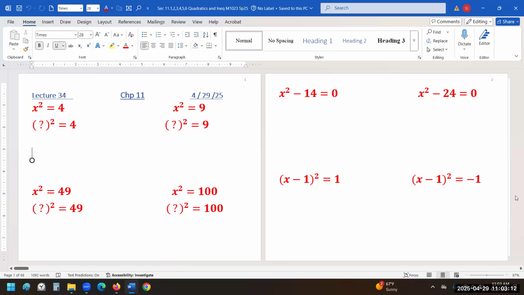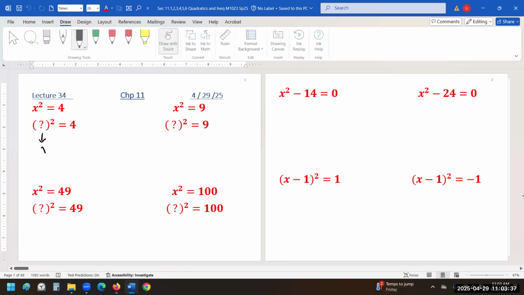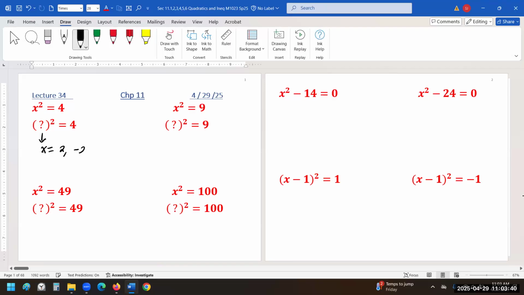But most of the time we forget there is another solution. Think logically. What number, if you square, becomes 4? One of them is 2, but is 2 the only number? -2. So if you think logically, you can see both answers. The result is x equals 2 and x equals -2.